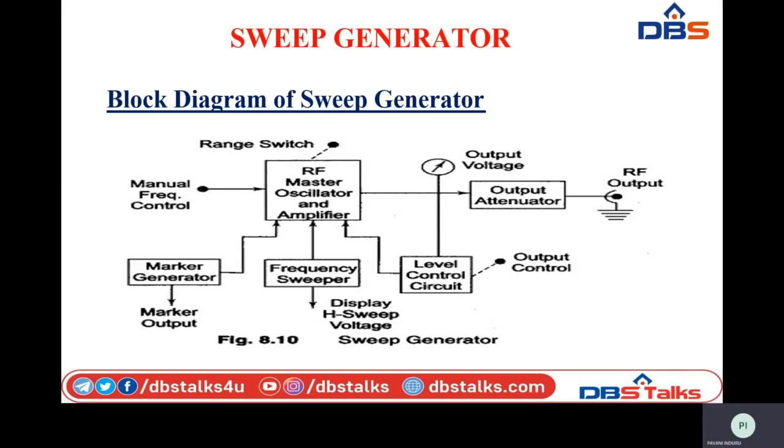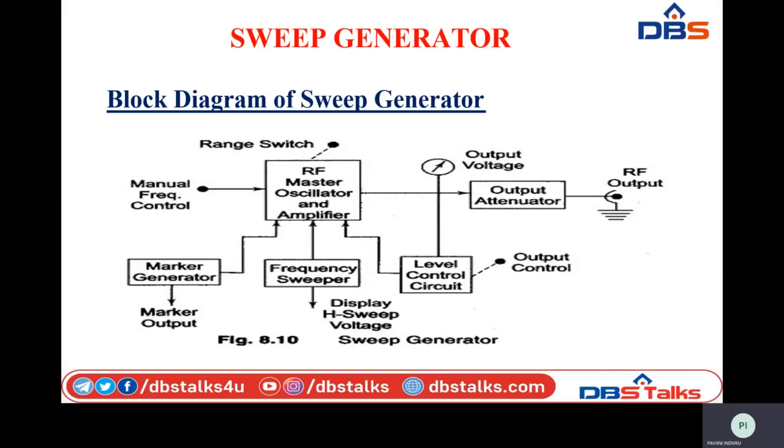The output coming from the master oscillator is used to drive the horizontal sweep generation. That means we are going to drive the horizontal amplifier, which is connected to the horizontal deflection plates present in the CRO, such that synchronization must be done with the vertical section, where the electron beam can be controlled and displayed on the screen.